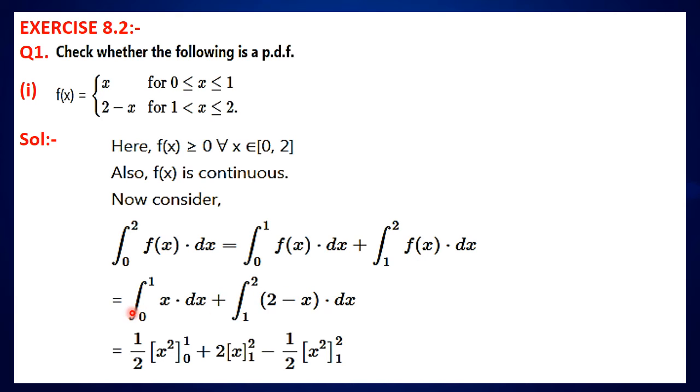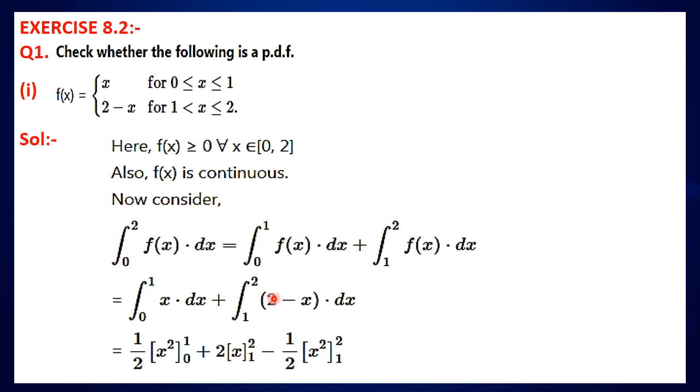Now, corresponding to the interval 0 to 1, f(x) is x, and corresponding to the second interval, f(x) is 2 − x. So we substitute f(x). Integrating, the integral of x dx is x square upon 2, that is 1 upon 2 into x square, and we apply the limits 0 to 1.